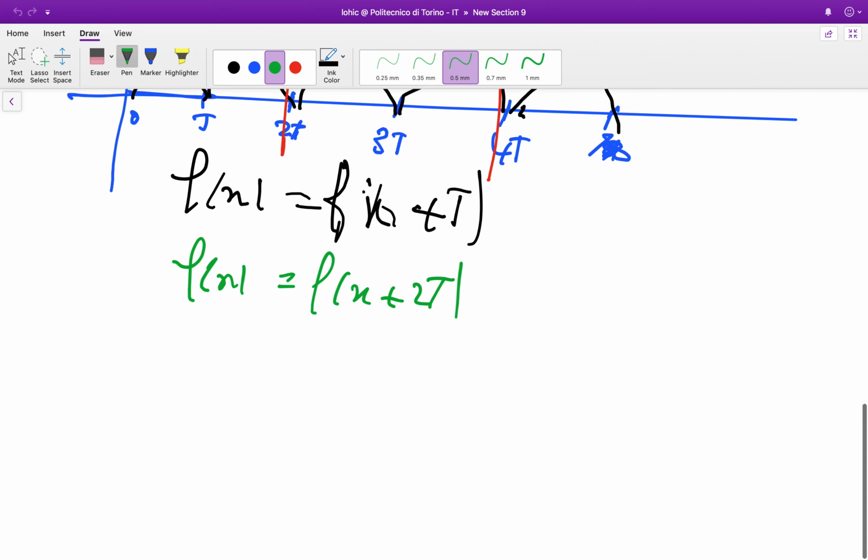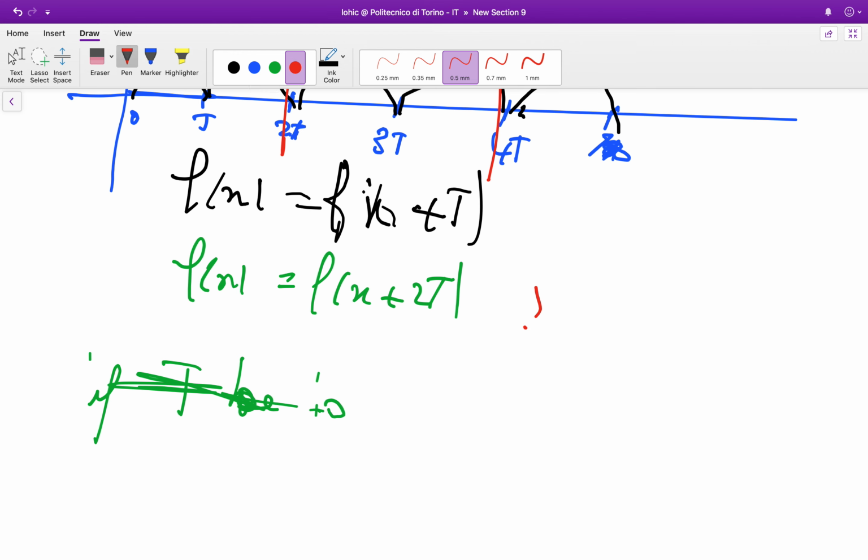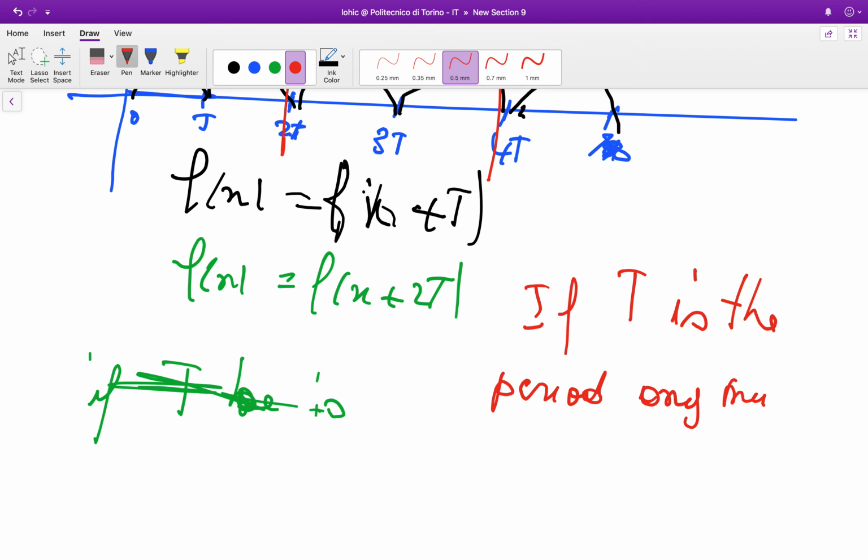So what am I saying? I am just saying that if t is the period, any multiple of t is also a period.